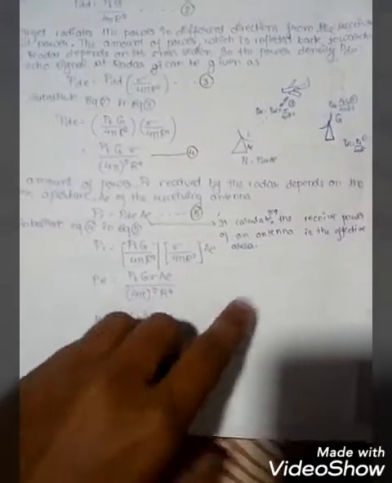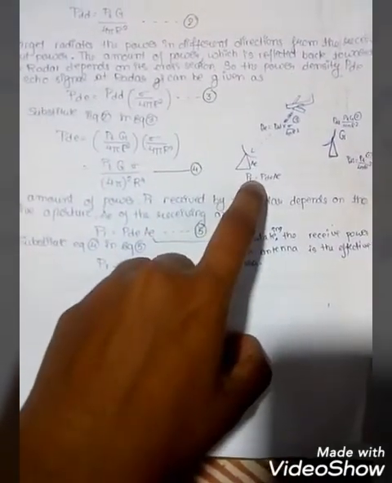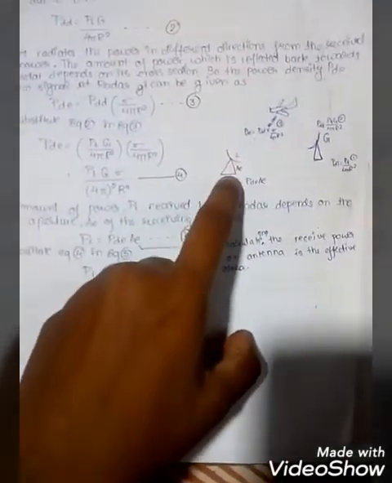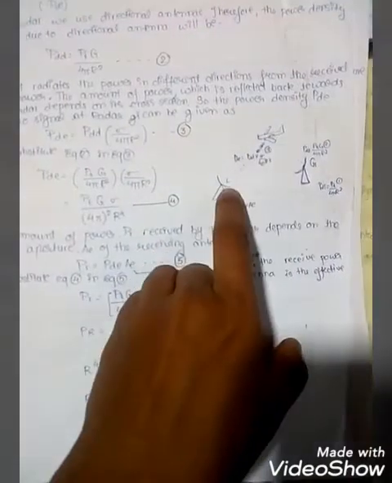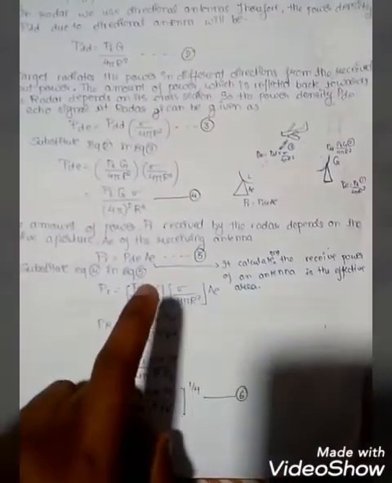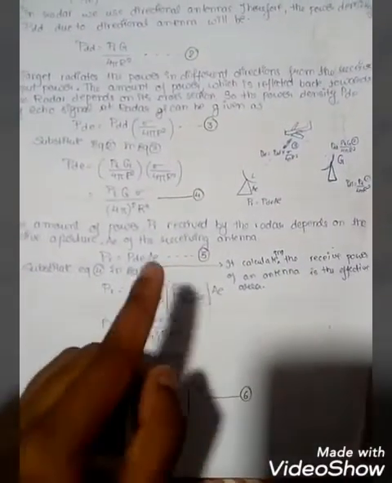Next thing is, as the receiving antenna is not going to receive the entire 100% of the power reflected back from the target, there will be some effective aperture.